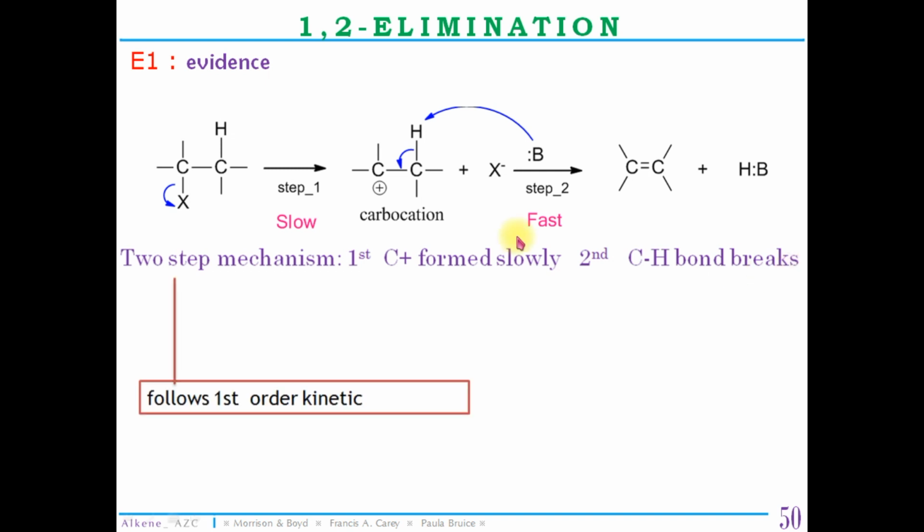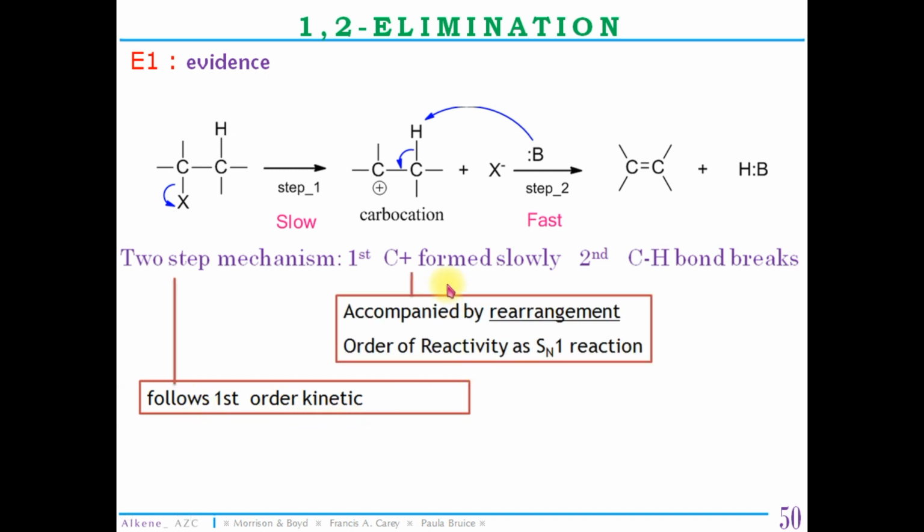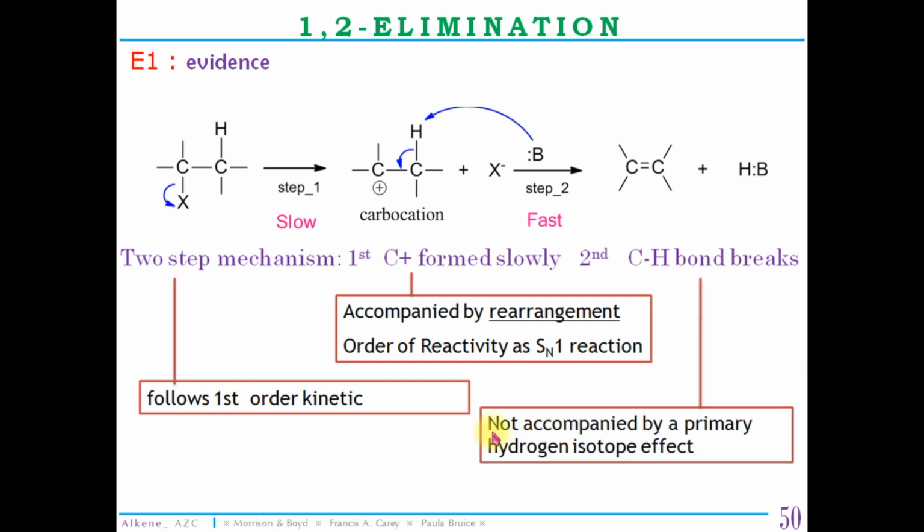To prove that, we need to study the kinetics, whether it follows first order kinetics. For the carbocation, we check whether it is accompanied by rearrangement, and the order of reactivity is the same as in the SN1 reaction. The next is that it is not accompanied by a primary hydrogen isotope effect.